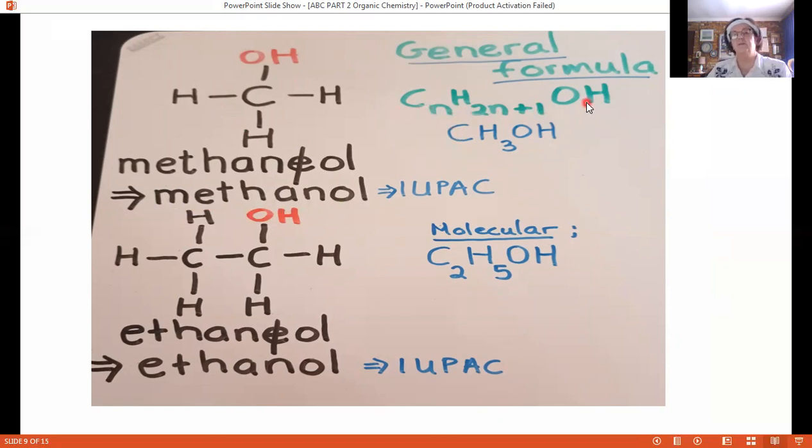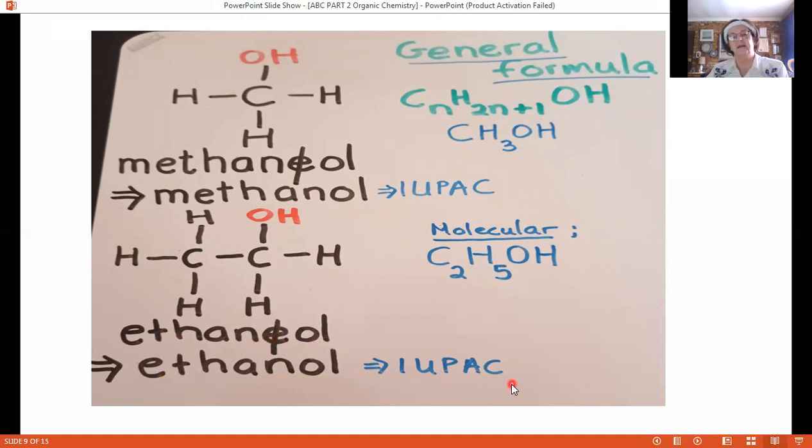The general formula is CnH2n+1OH. Molecular formula being CH3OH. So you see 1 carbon, 3 hydrogens, and OH. Going to another carbon, being 2 carbons, is then ethane, E replaced by -ol.